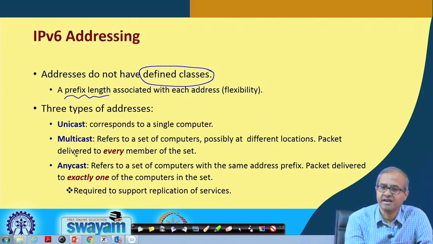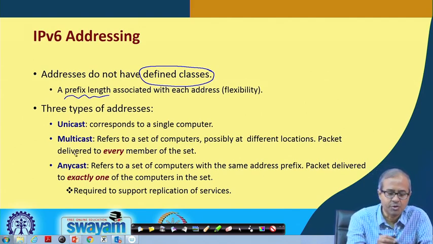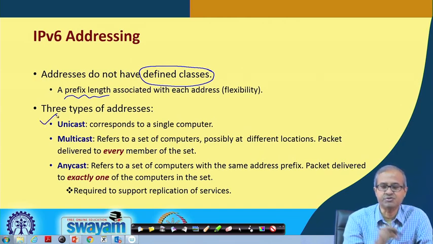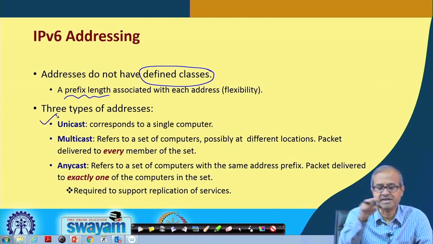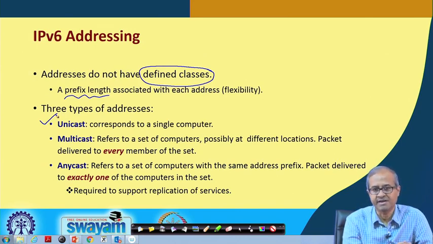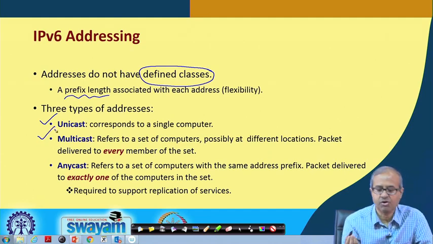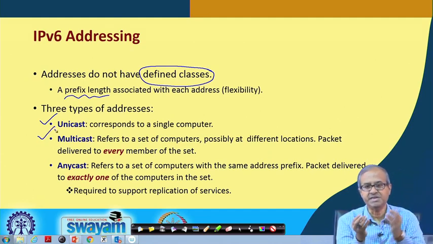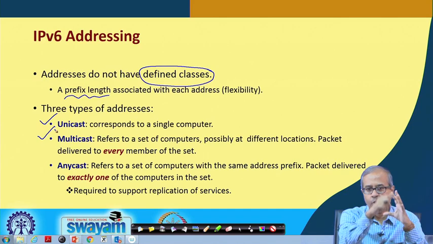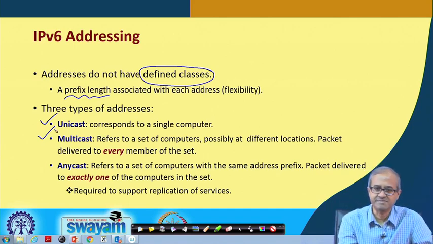Broadly, three classes of addresses are supported. One is a unicast address, which means it is a directed address of a particular node in the internet. That means you are sending a packet to a particular computer. Then multicast, which means you are sending the packet to all members of a given set.